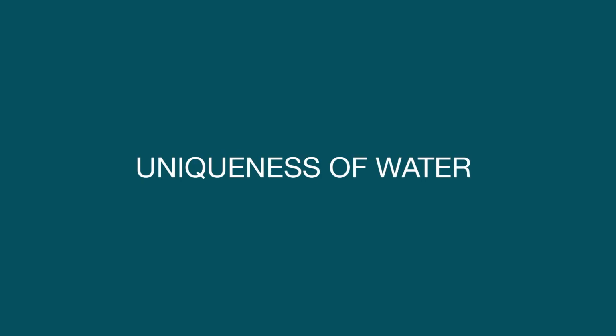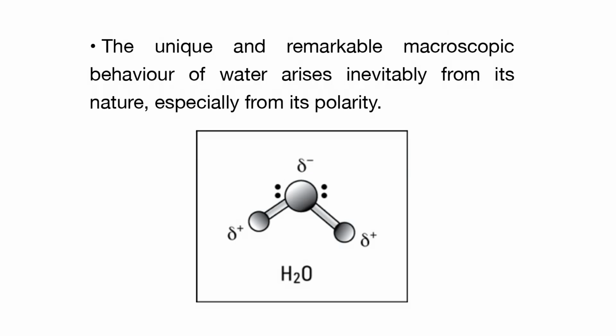Now, as we all know, water is a universal solvent and we can examine the uniqueness of water. The unique and remarkable macroscopic behavior of water arises inevitably from its nature, especially from its polarity.